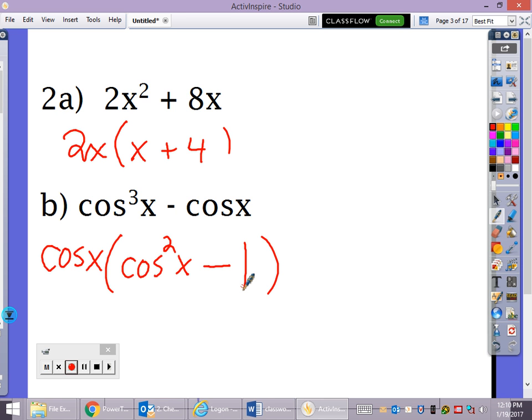Time out. Red flag. Why should a red flag go up? Because there's a squared and there's a 1. Red flag. I should take out my half sheet of trig identities.